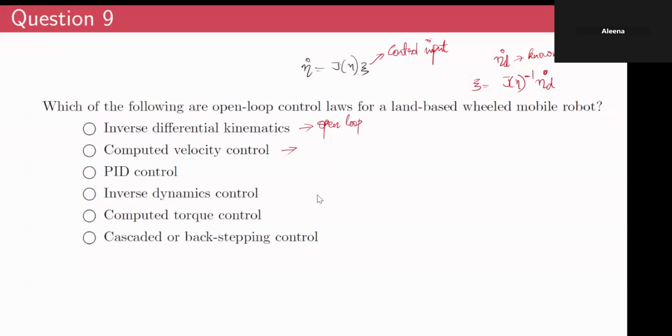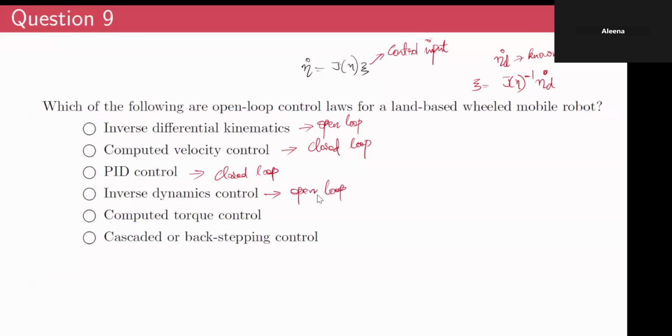But computed velocity control is closed loop. We have seen it in the session earlier, and we have also seen this in the lectures. PID control is also closed loop because it has feedback terms in the control law. Inverse dynamics control is again open loop.